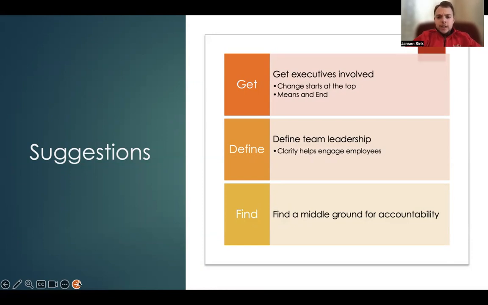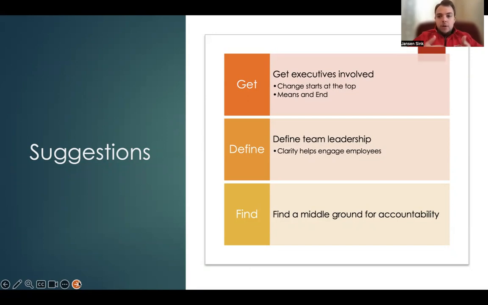They also need to define leadership within the team. Both executives and team leadership are very important. So we need to get this top level leadership involved, but we also need to get the team leadership involved. Someone needs to help run the team, be the point guard for the team.